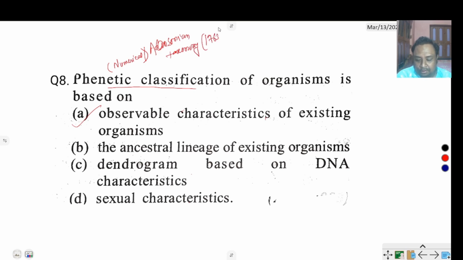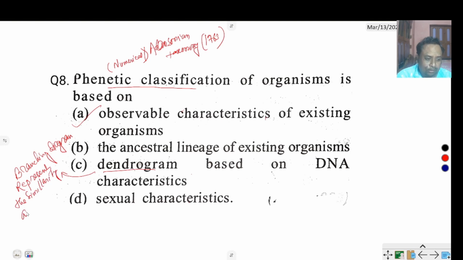What is dendrogram? Here another point is dendrogram. A branching diagram that represents the similarity among organisms.